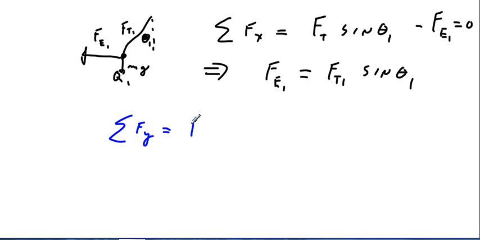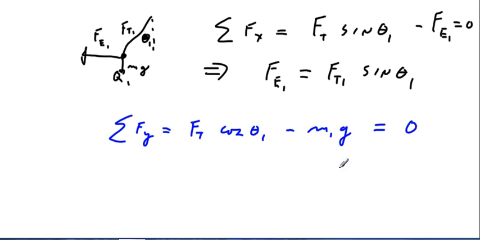Okay, well that's going to be the force of tension times the cosine of theta 1, minus m1g, and that has to also equal 0 because the forces aren't moving.